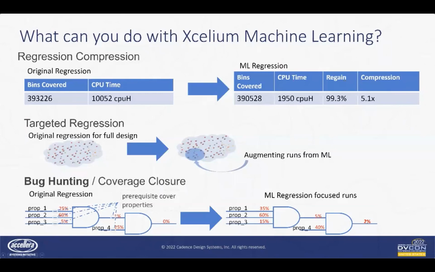So in the bug hunting realm, the nature of Xcelium ML is to magnify coverage points that are already hit.